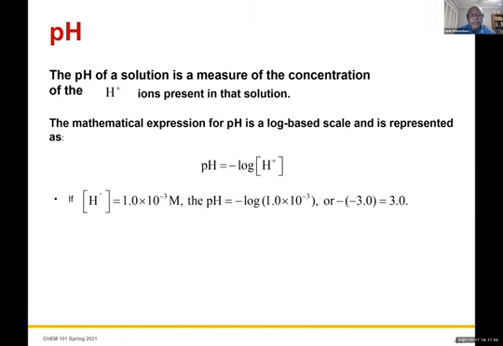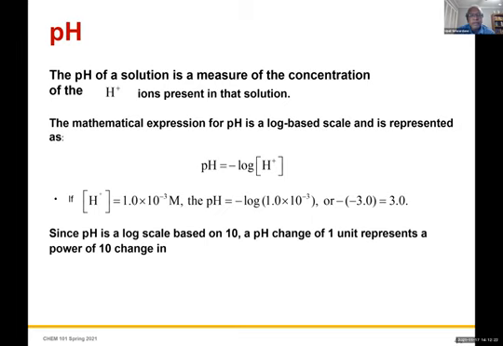So you can do these calculations. If the hydronium ion concentration is 10 to the negative 3, the pH is the log of 1 times 10 to the negative 3, which is negative 3, and it becomes 3. Log of 1 times 10 to the negative 3 is negative 3 if you do it with the calculator. So pH is 3. It's easy to calculate the pH of a water solution.